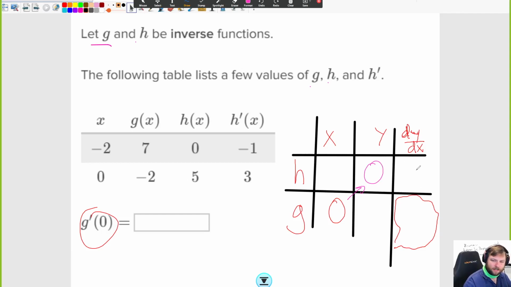I want to get to this derivative, so I need the x value for h. Well, I got to look at this table, and you got to be careful. So it's when the y value for h is 0, and that would be right here. What is the x?